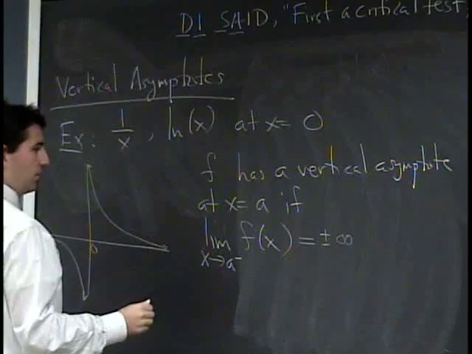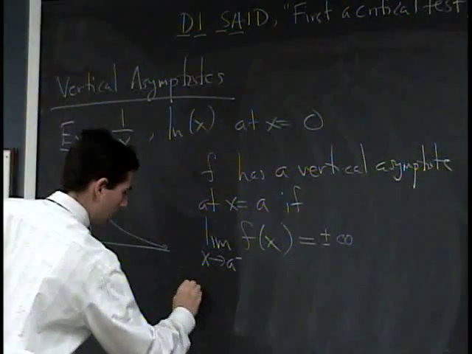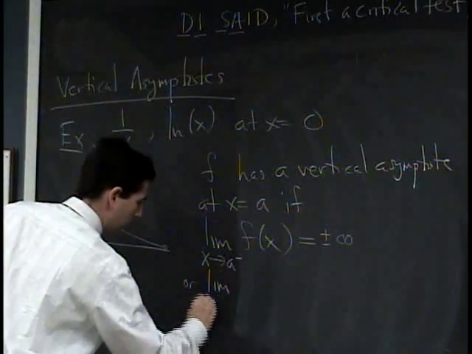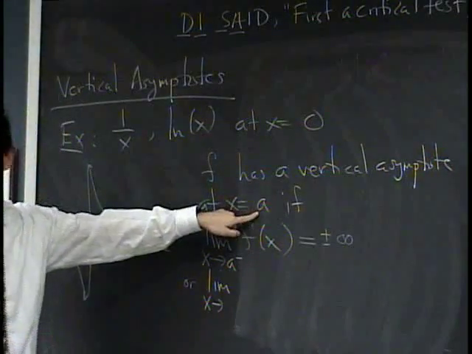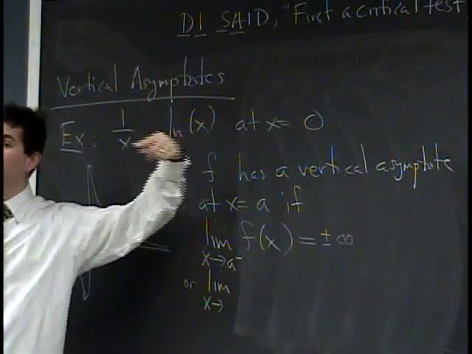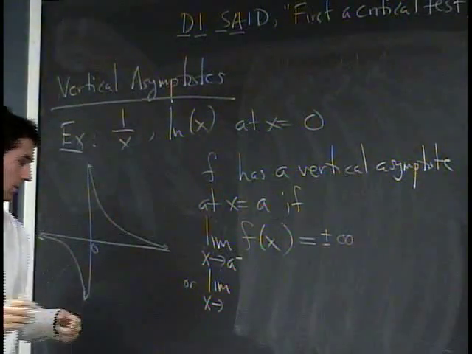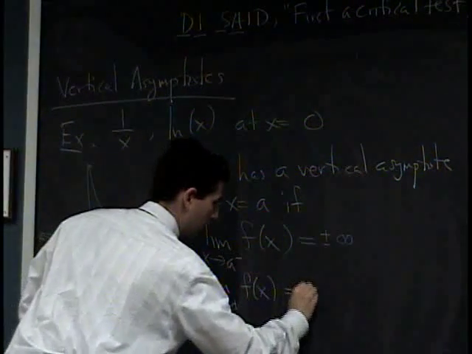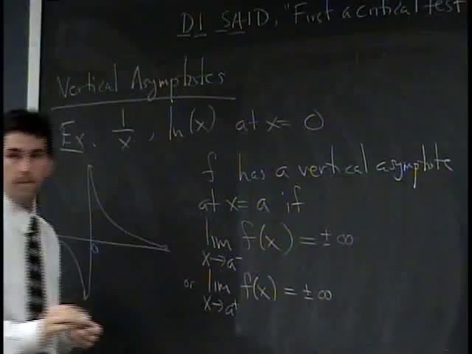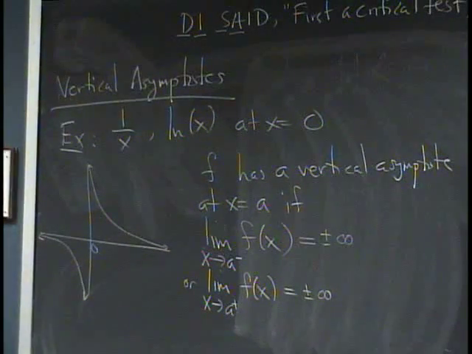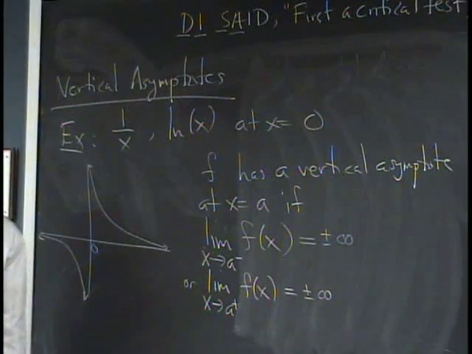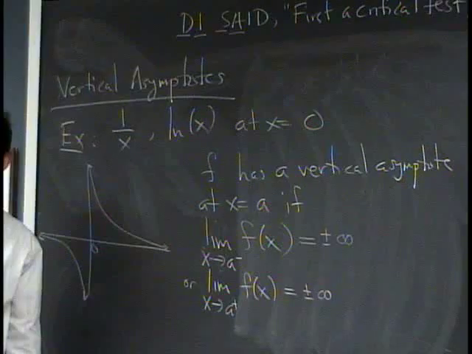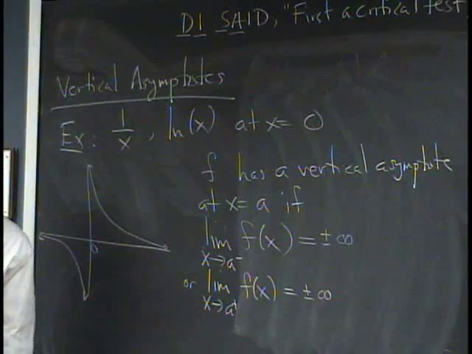Well, I need to put in the different directions. Okay? So I'm going to say that it has a vertical asymptote at this point if from either side you have a vertical asymptote. Now, this allows us to come up with some weird function that has a vertical asymptote at 0, for instance, and is yet still defined at 0.